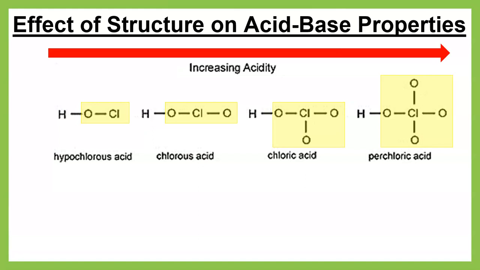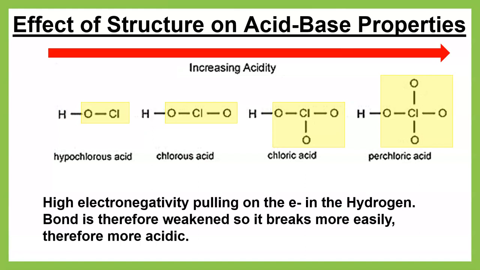We're pulling harder and harder on these electrons, which means that the bond here is more and more weakened as you go to the right, which means it will come off more easily, and if it dissociates more easily, it'll be more acidic. So sometimes they may give you a funky shape like this and ask you to ponder which one might be more acidic.